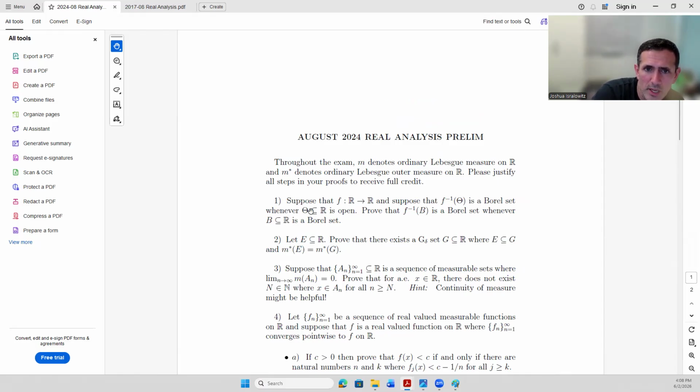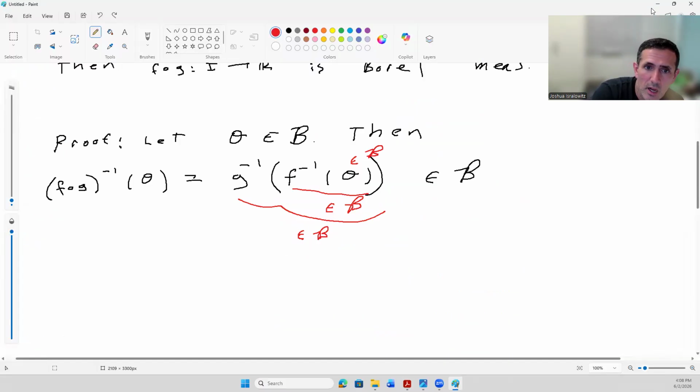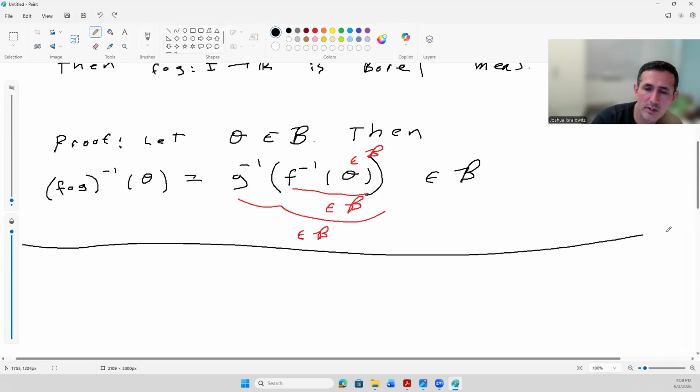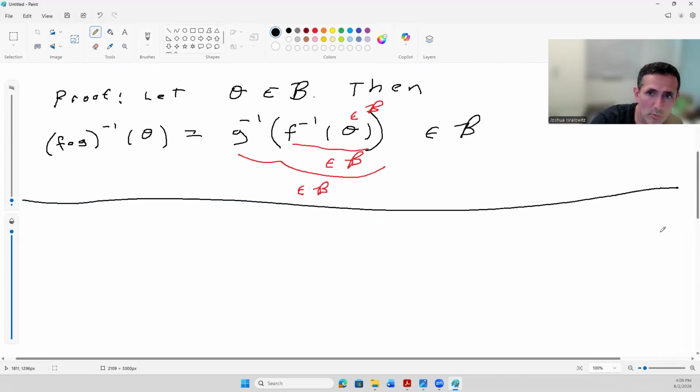Basically what this problem is saying is that if the inverse image of every open set is Borel, then F is Borel measurable. Borel measurable by our definition is that the inverse image of B is Borel whenever B is Borel. I'll be quick with this because the proof is very easy and probably done in prior videos.